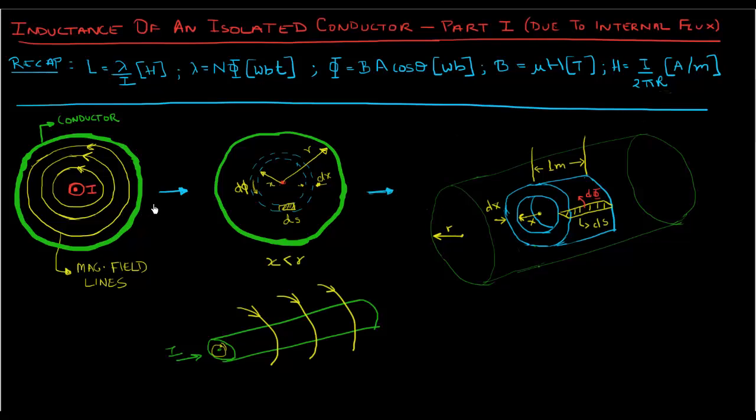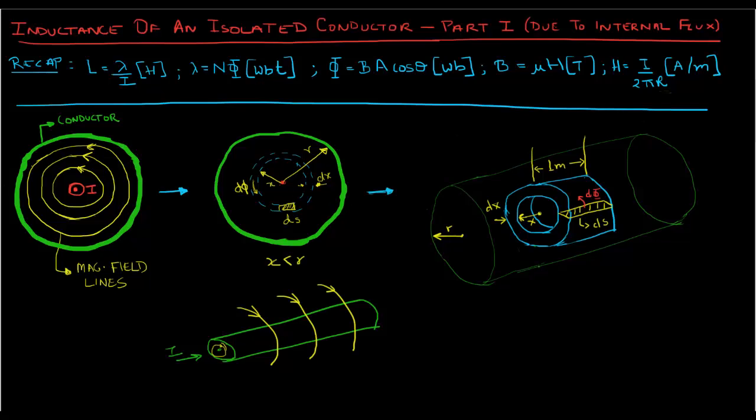And that's just an assumption we're making for now. We're going to get the formulation for the isolated conductor due to internal flux, and then in the next video due to external flux, and then in the videos after that we're going to bring the return conductor into the picture as well and see how that impacts our equations.